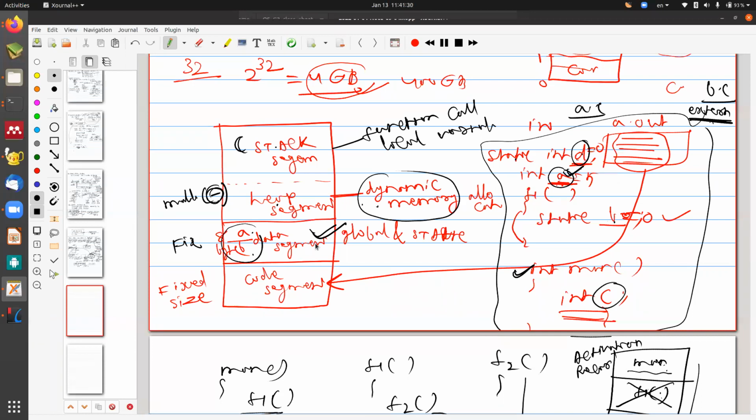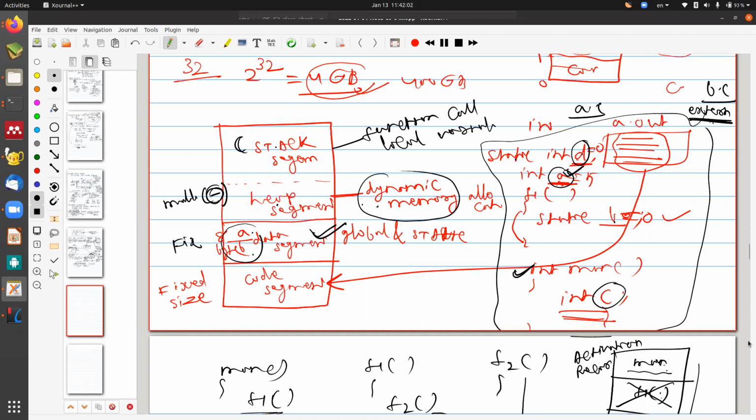Another reason is that this global variable is accessible to every function present inside the program. That's why it is allocated prior to execution. But in case of local, as you have discussed, unless that corresponding function is called, this local variable has no use. So you need not allocate a local variable prior to calling that function. That's the reason they have segregated it.